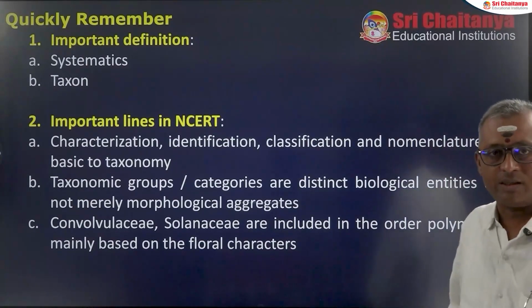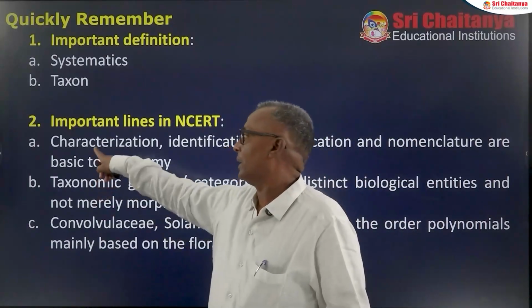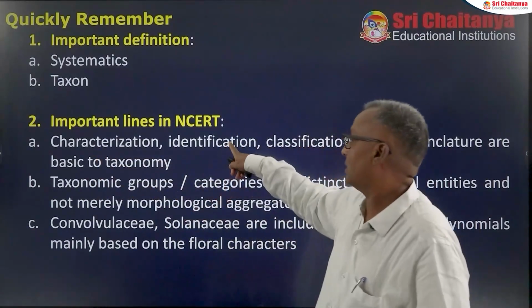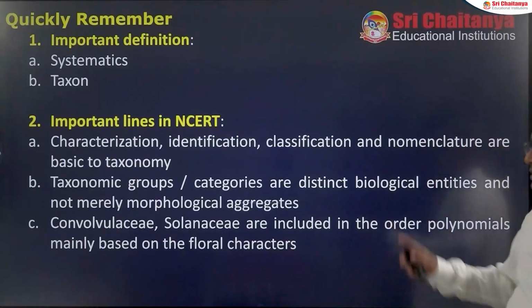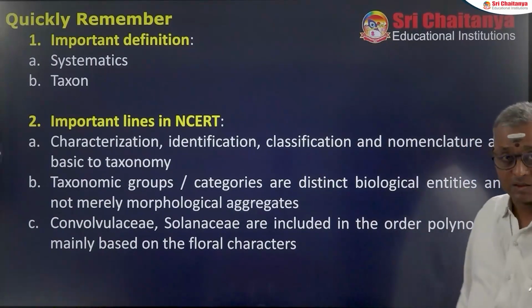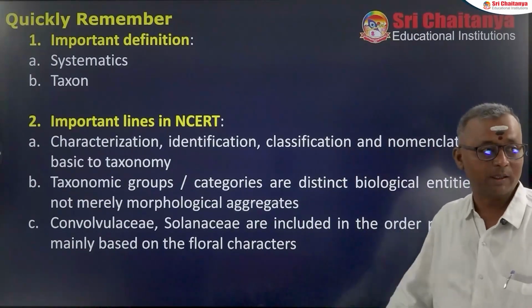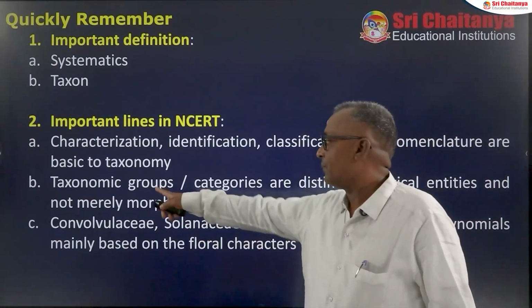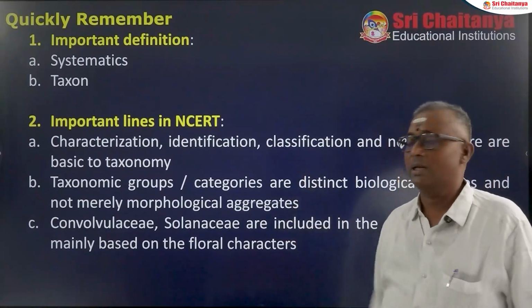As I said, there is a sequence about the basics of taxonomy, that includes characterization, identification, classification and nomenclature. This sequence you have to remember. Another important line I already stressed while explaining the taxonomic categories is that taxonomic groups or categories are distinct biological entities and not merely morphological aggregates.